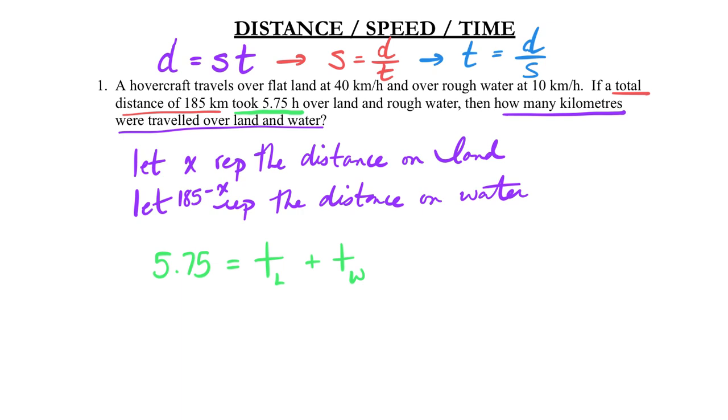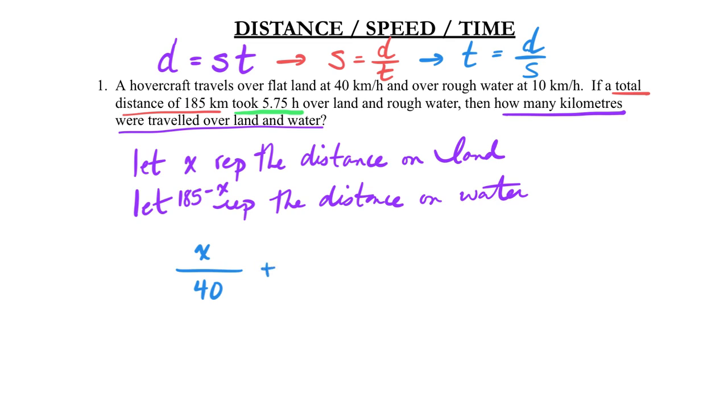So I'm going to use that green, of which I'm about to erase, to build my equation. Okay, I'm using the blue up at the top. I know that my time spent on land has to be my distance, which was x, divided by my speed, which was 40 kilometers an hour.